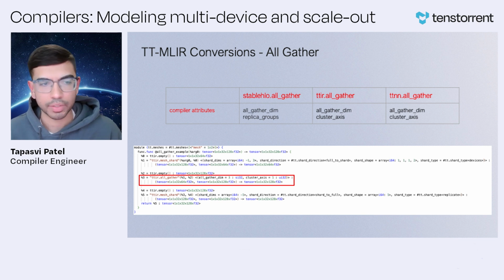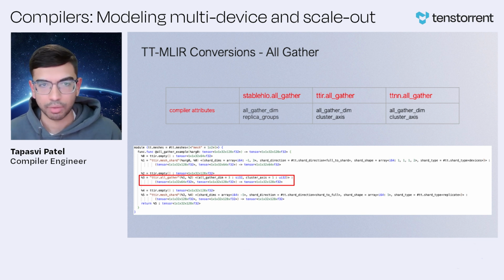So essentially, the goal is we have a StableHLO representation of the all gather. We want to write a conversion pass into TTIR and then to TTNN, and then get that executed on our device. In StableHLO, they primarily have 2 attributes that we query. We have the all gather dimension, which is the tensor dimension that you want to perform the concatenation on, and replica groups, which consists of groups of devices that are going to participate in the all gather with one another.